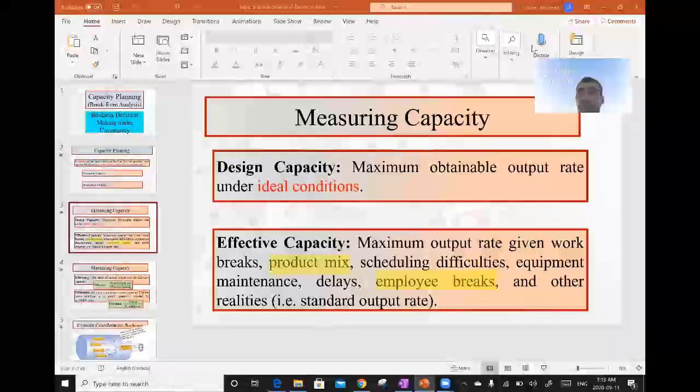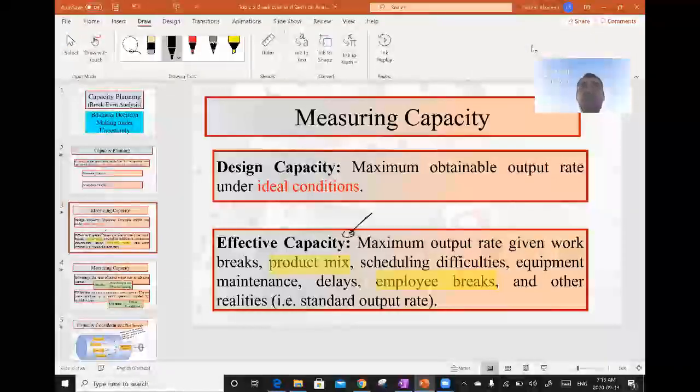And we move from there to what is often used, which is the effective capacity, which takes into account work breaks, product mix, which is basically the changes of different products, because factories and plants don't make just one product, scheduling difficulties, equipment maintenance, failure, delays, employee breaks. So it takes all these things into account, and we get a number, which is the effective capacity.